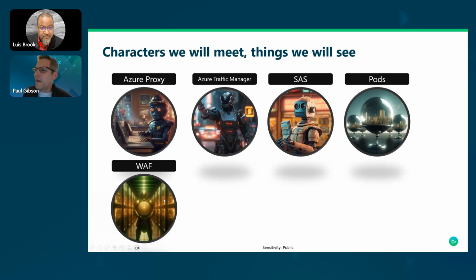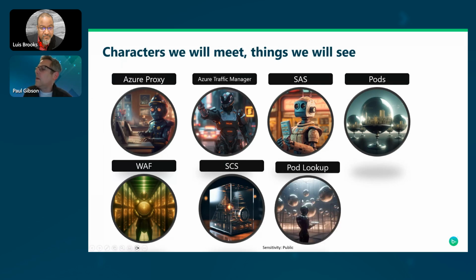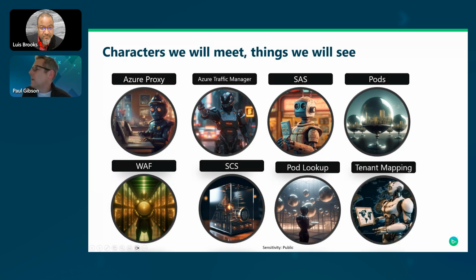We're going to talk about the WAF, or our Web Application Firewall. We're going to talk about another concept that's industry standard, but we heavily utilize it here, called self-contained systems, or SCSs. If you have pods, you're going to need to look them up. So we'll talk about a component called the pod lookup. And then we're going to talk about tenant mapping. So for all of our hosted products, we are in varying degrees of multi-tenancy.